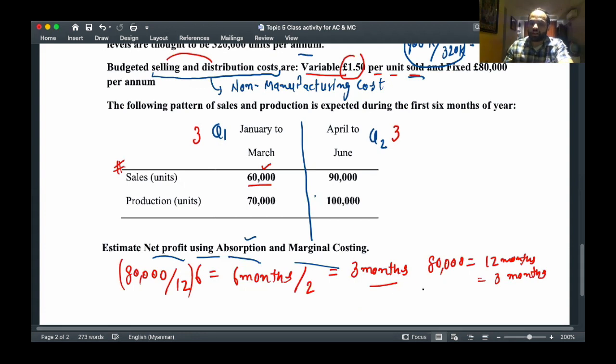So that's why 80,000 for 3 months will be 20,000. So that's your fixed cost.